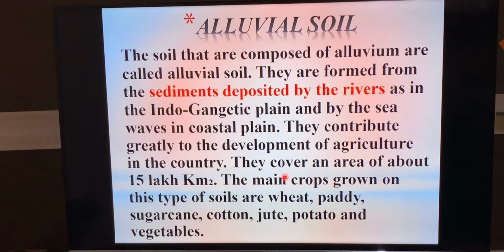The soils that are composed of alluvium are called alluvial soil. They are formed from the sediments deposited by the river, as in the Indo-Gangetic Plain, and by the sea waves in the coastal plain. They contribute greatly to the development of agriculture in the country.